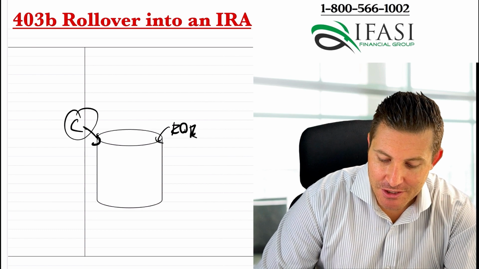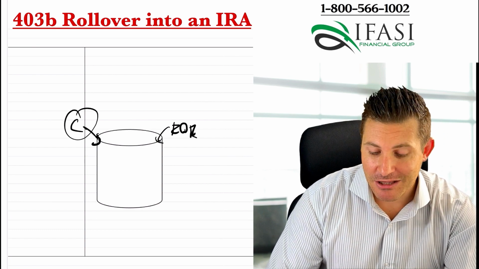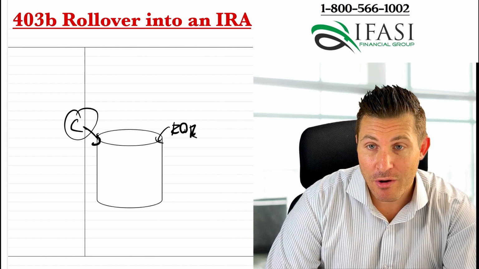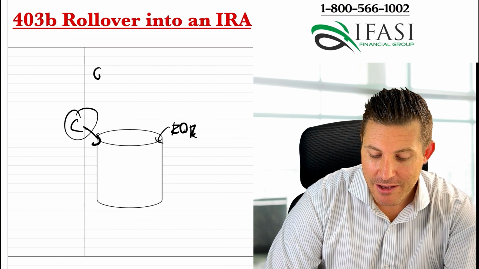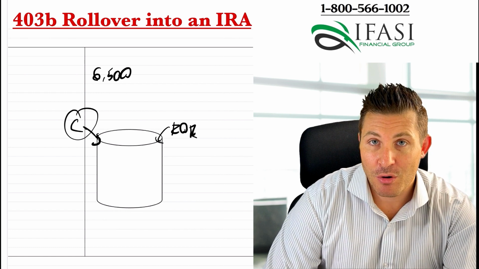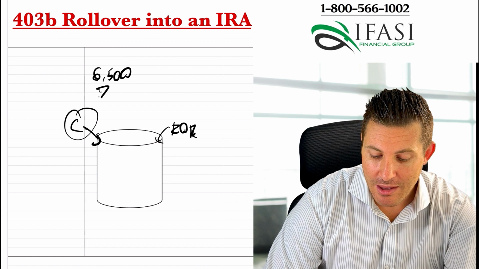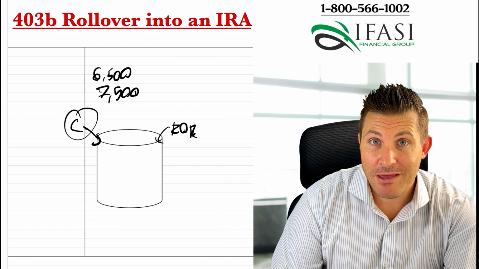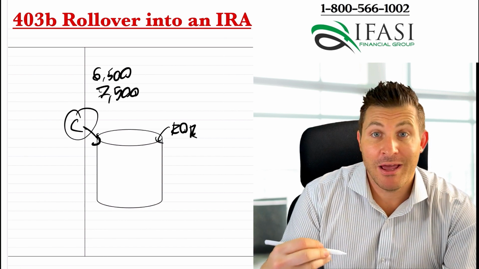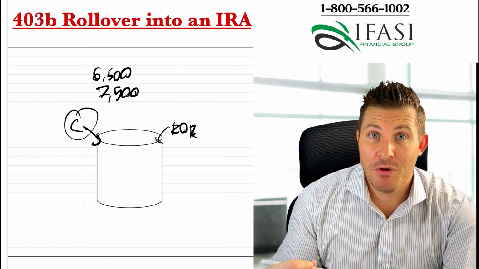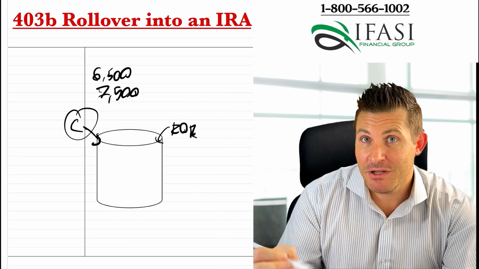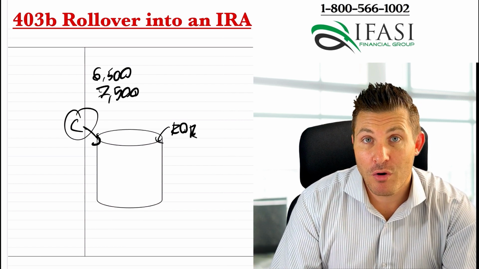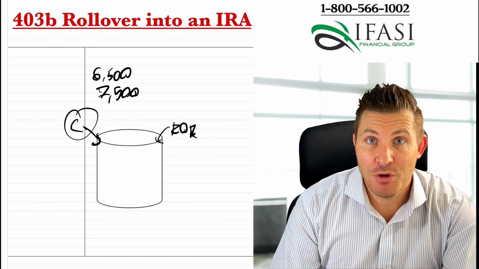The contributions on an IRA account are limited if you're below the age of 50. Going off of 2023 tax code, it's limited to $6,500 per individual per year. If you're above the age of 50, it's $7,500 per year. So if you're making a bunch of money and maybe you're playing catch up and you want to really max contribute into a plan, you're going to have limitations with that specific IRA account, whereas with a 403b account, you have a higher contribution limitation.